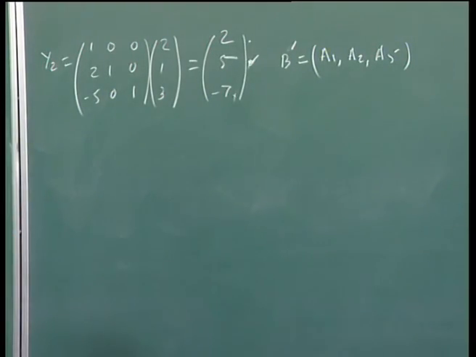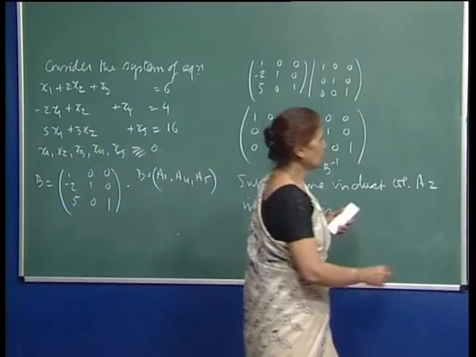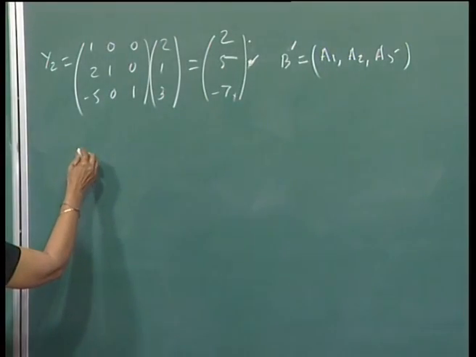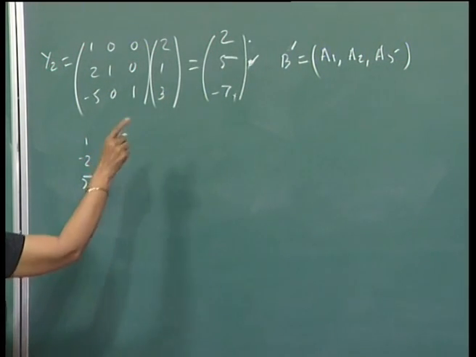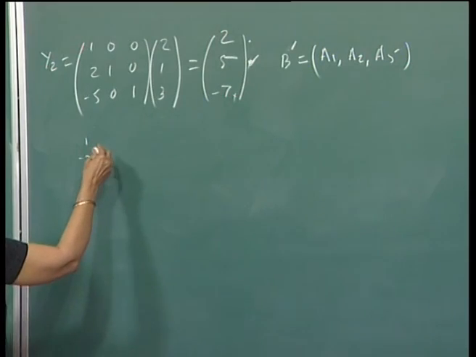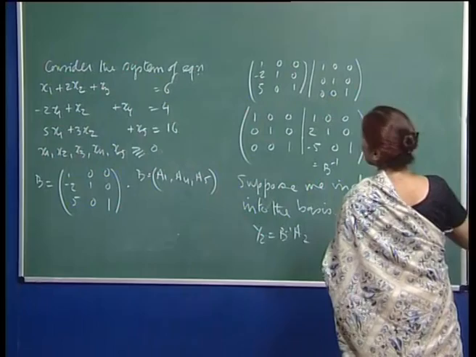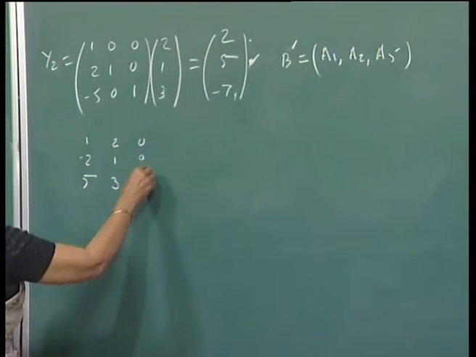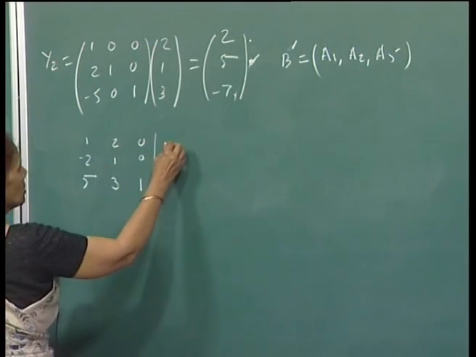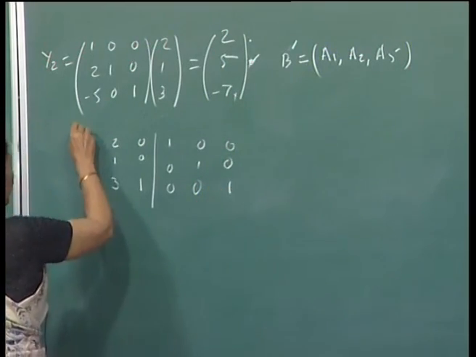So, to compute B prime inverse, see, if you consider the matrix, A1 is (1, -2, 5). Now, A2 is (2, 1, 3), and this is (0, 0, 1). So, I need to compute. The idea is (1, 0, 0), (0, 1, 0), (0, 0, 1).